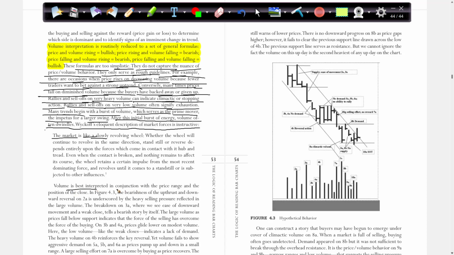Volume is best interpreted in conjunction with the price range and position of the close. In figure 4.3, the bearishness of the upthrust and downward reversal on 2 is underscored by heavy selling pressure reflected in the large volume.